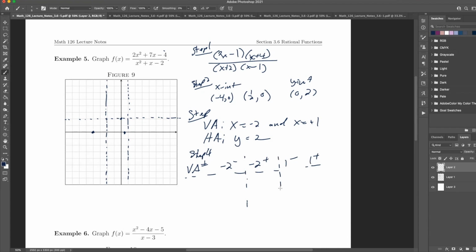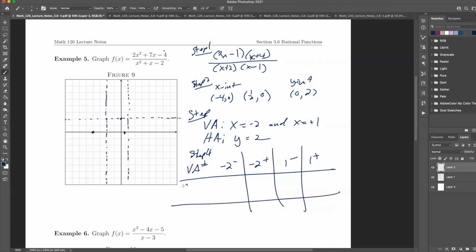Let me draw that as a solid line, so that it doesn't look weird as dotted lines. Sometimes I make it dotted lines, but I didn't like how it came out. Here we're going to do the sign of f of x. And then I'll go ahead and put the y goes to here, just to make it clear for you guys.